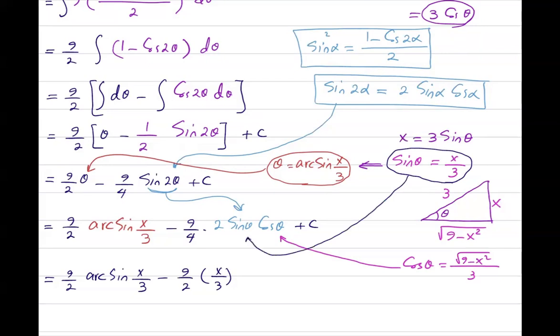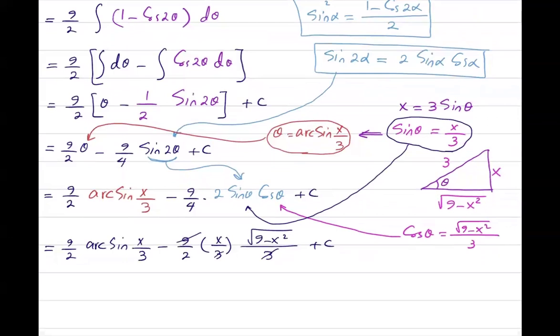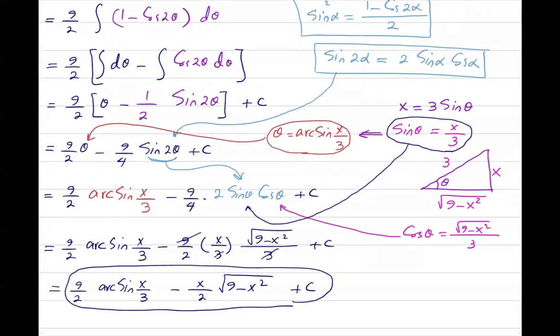And then cosine theta is square root of 9 minus x squared divided by 3. Then you can cancel out 9, 3, and 3. And this can be written as 9 over 2 times arc sine of x over 3 minus x divided by 2 times square root of 9 minus x squared plus constant of integration.